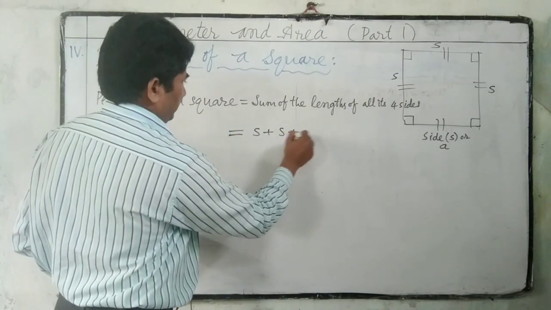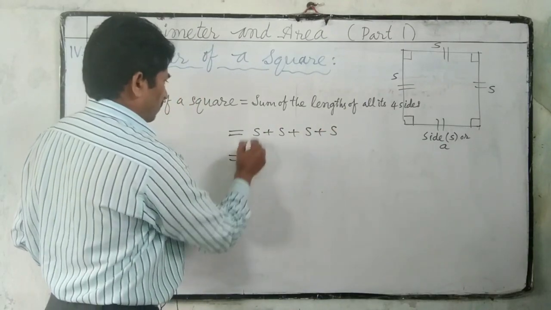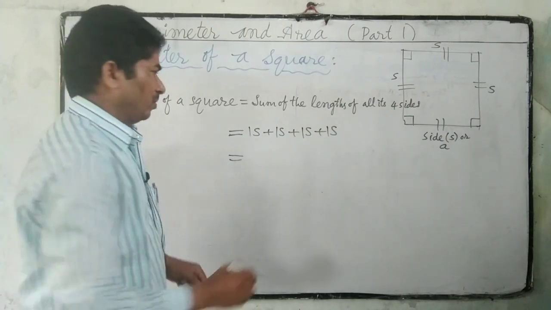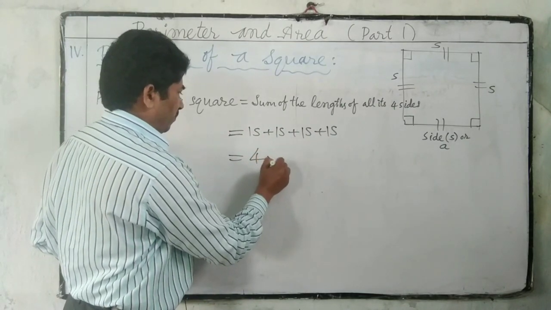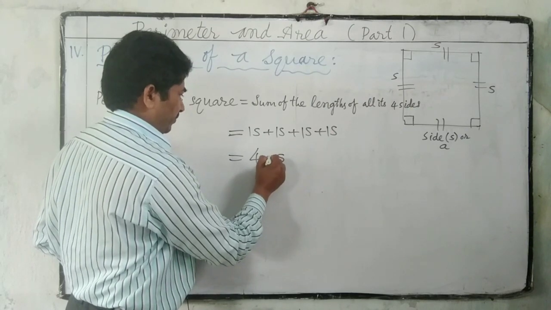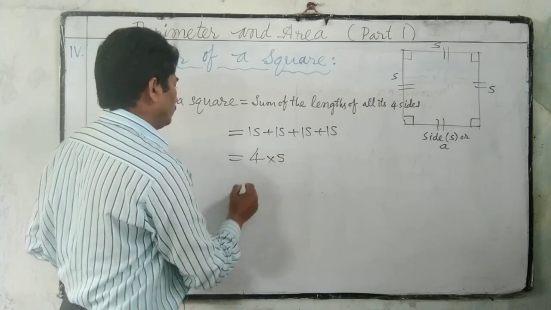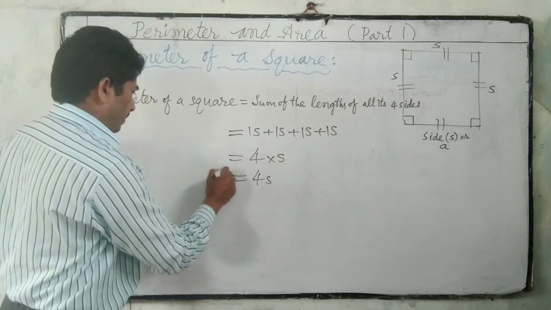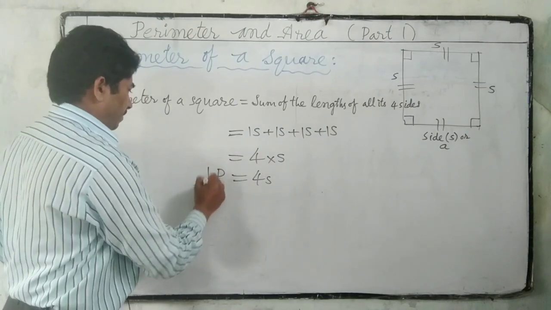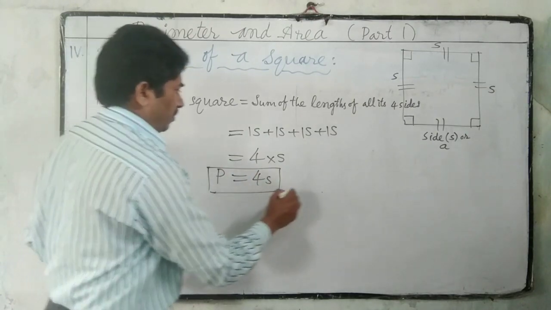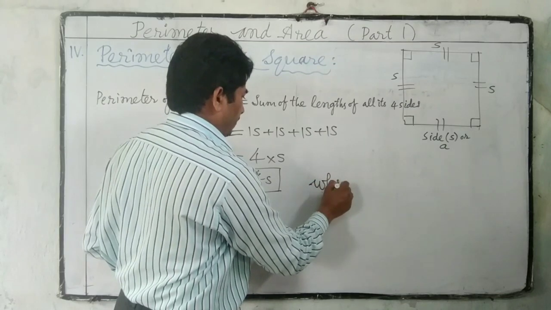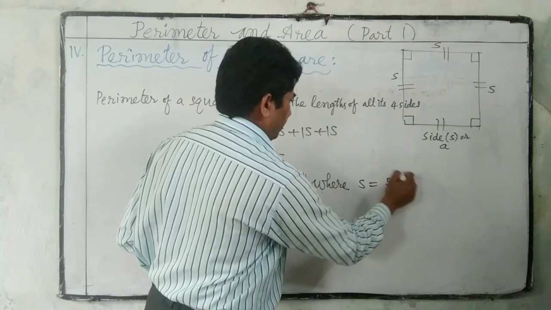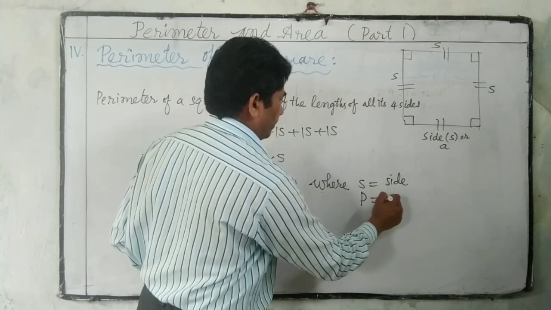S plus S plus S plus S, 4S. 4 into S. So this is the perimeter of a square, where S is side, P is perimeter.